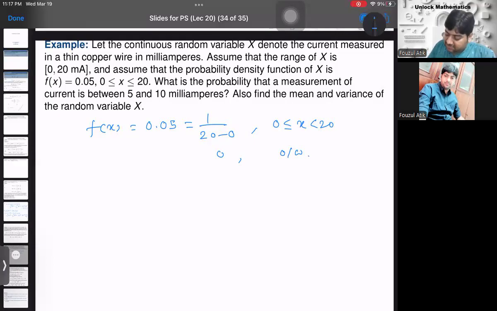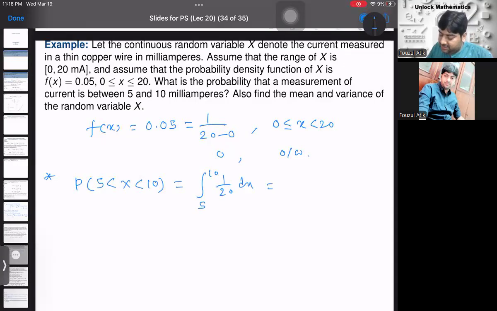Now the next parts are very, very easy. The first part of this problem is, what is the probability that a measurement of current is between 5 to 10 milliamperes? So the first part answer is the probability of 5 less than x less than 10, which is the integral from 5 to 10 of 1 by 20 dx.